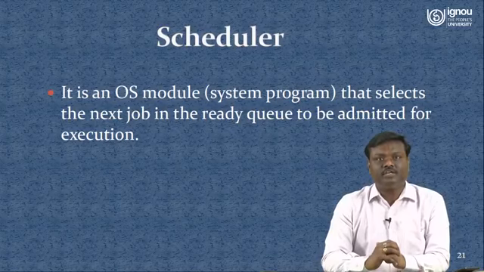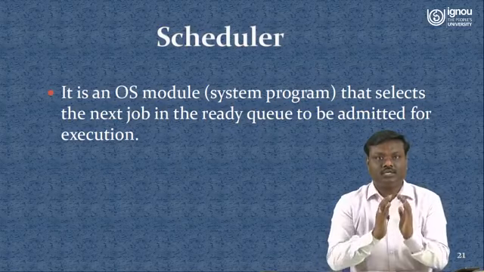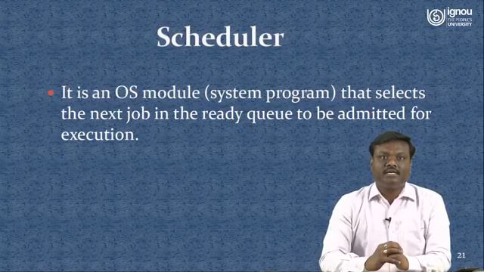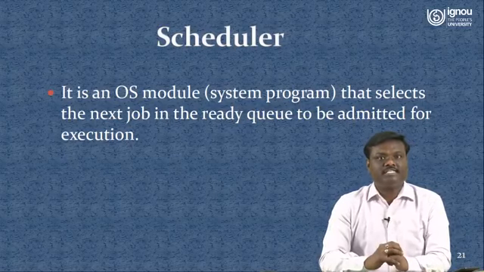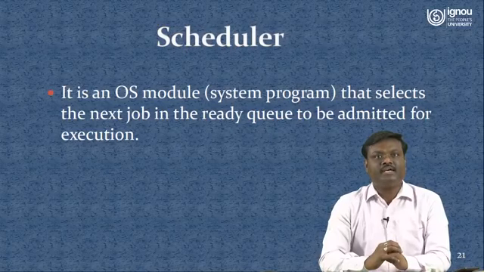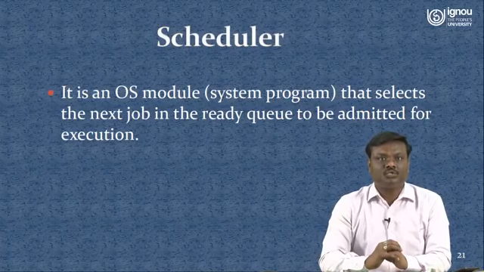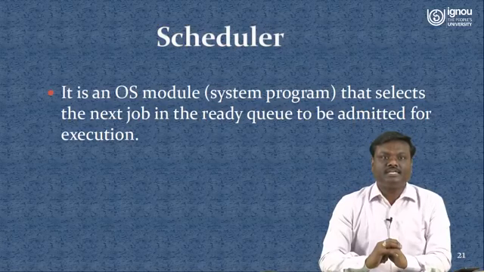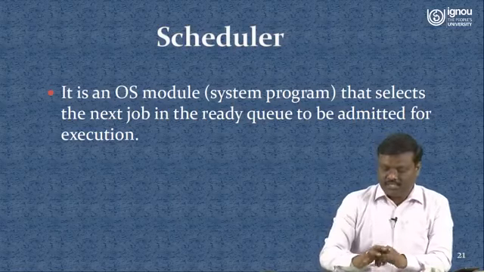The primary job of the scheduler is to schedule the processes from the ready queue in order to give the allotment of the CPU. This scheduler has a different name. Some people call it a dispatcher: long term dispatcher, short term dispatcher. The primary job is to select the next job in the ready queue to be admitted for execution.